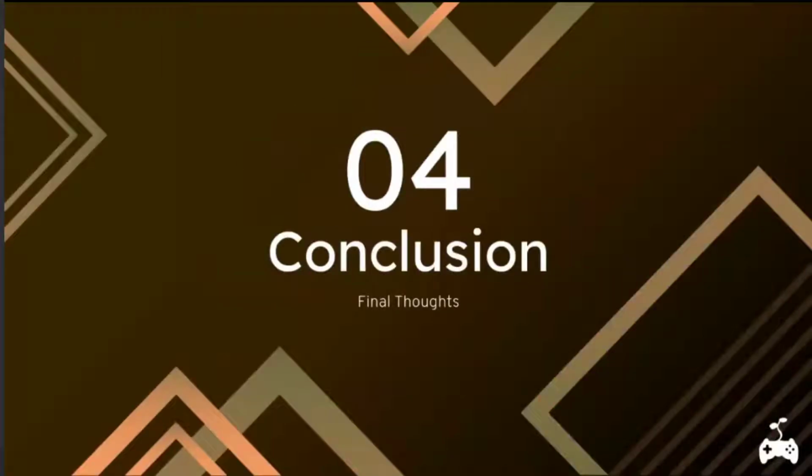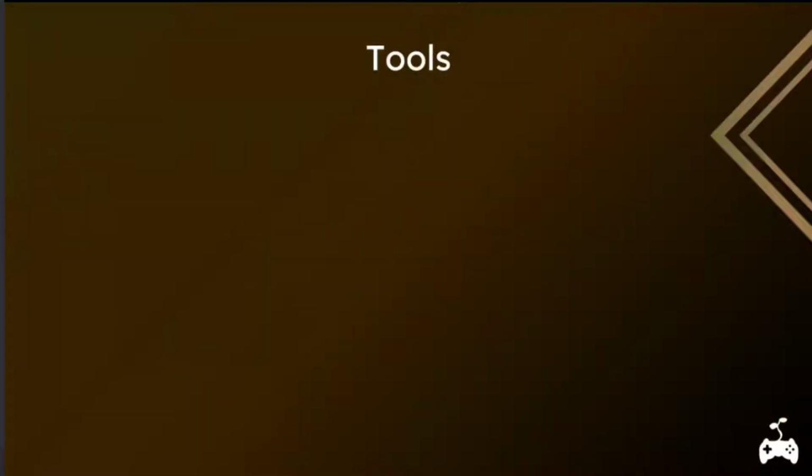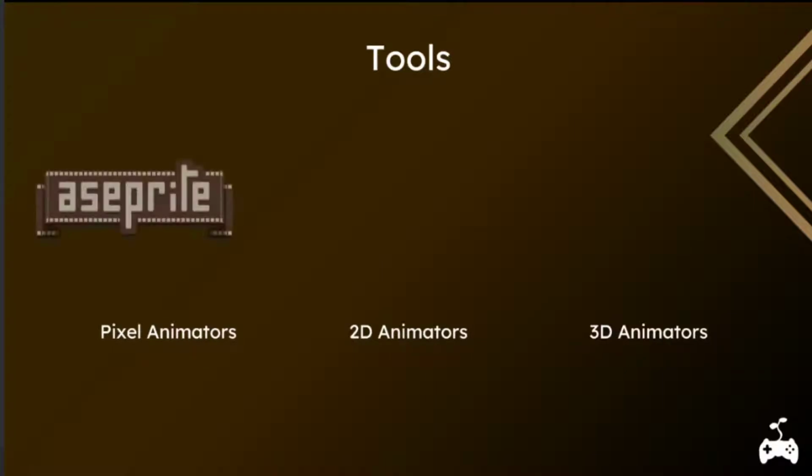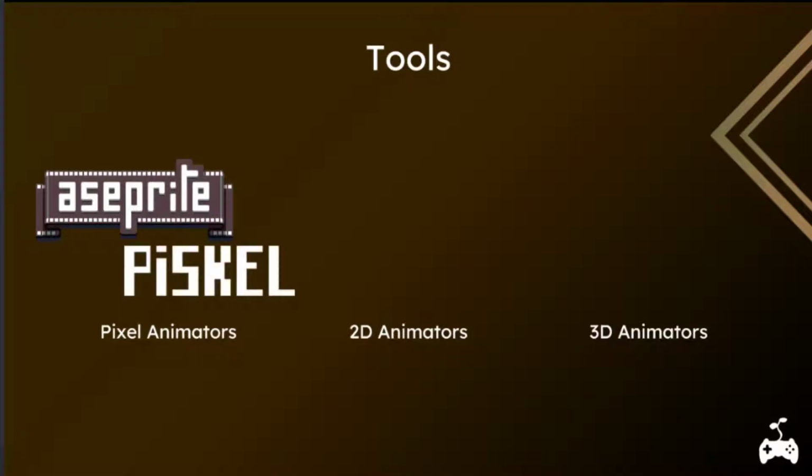So now let's conclude this presentation by giving you a few tips on animator stuff. As we saw earlier in the presentation, depending on the type of animation you want to create, there are specific tools for each type. Here we put some recommendations. For pixel animation, you can use Aseprite, a paid software with a lot of features, or Piskel, which is a free software that can help you when you start in this type of animation.